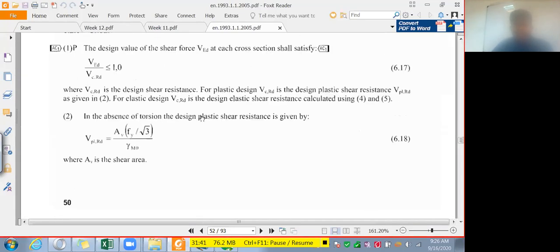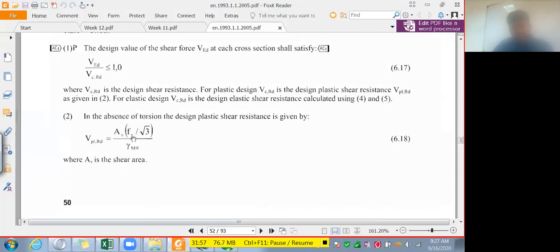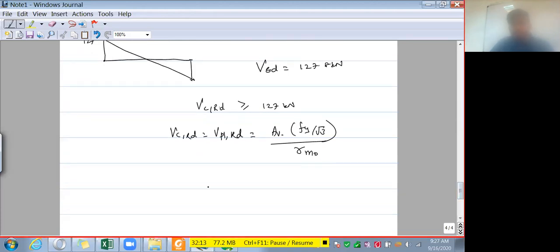So VplRd is equal to Av into fy over root 3, over gamma M0. So Av into fy over root 3, over gamma M0 should be greater than or equal to 127 kilonewton.